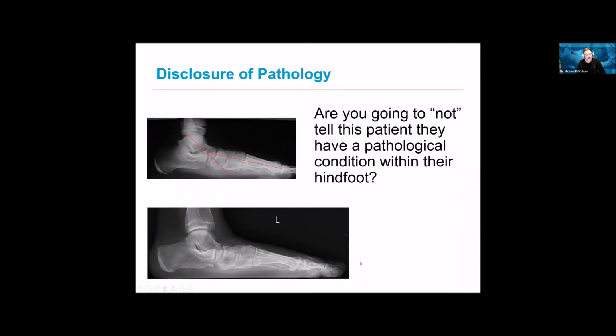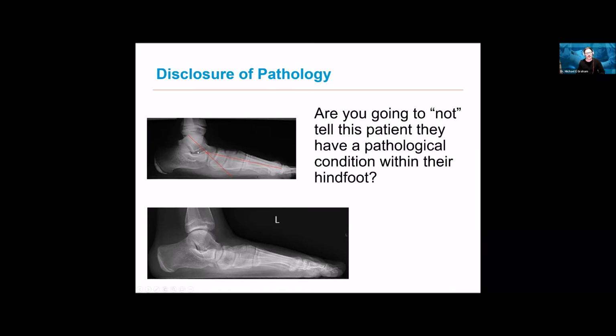So now that you know this, and that we have radiographic measurements that we can verify that this orthopedic condition exists, are you going to now ignore that this is there and only talk to your patient about treatment options for their first MPJ without telling the patient, yes, you do have this issue with your first MPJ, but what is making that condition worse starts back here in your hindfoot?